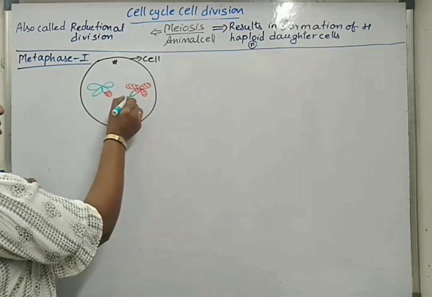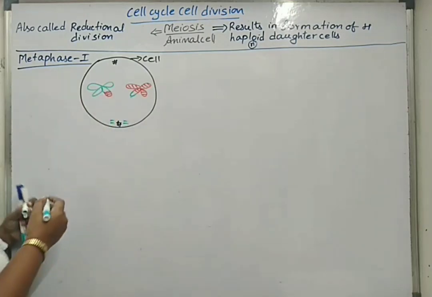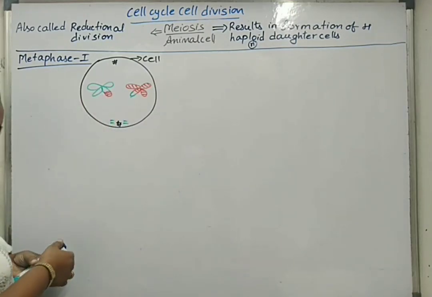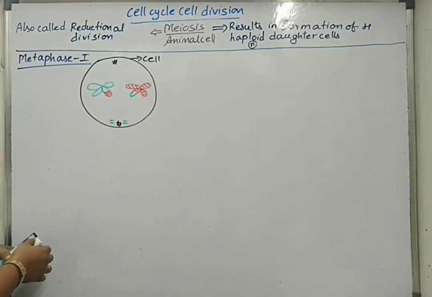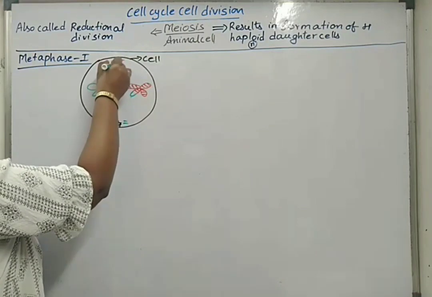So this green color here and this red color here, small little parts of the chromosomes, are nothing but the exchanged genetic material during crossing over of packaging. So now centrioles have asteroids.